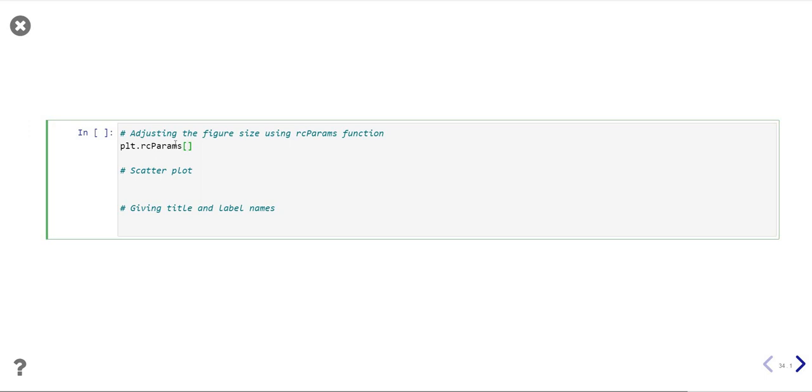Earlier we didn't decide the figure size, right? Using this you can determine the figure size. So this is one additional thing that you can do.